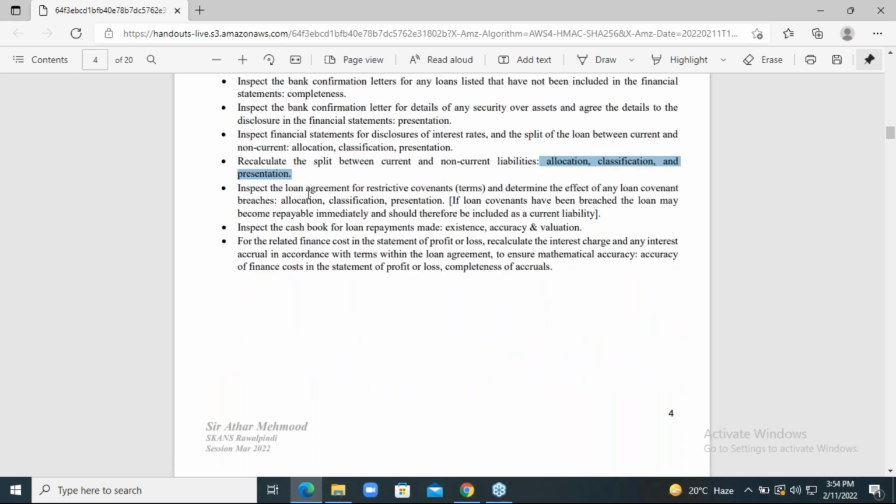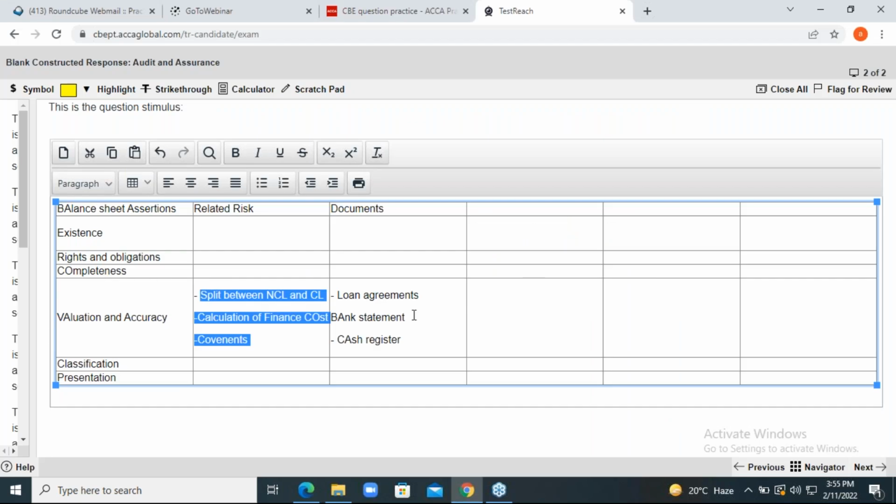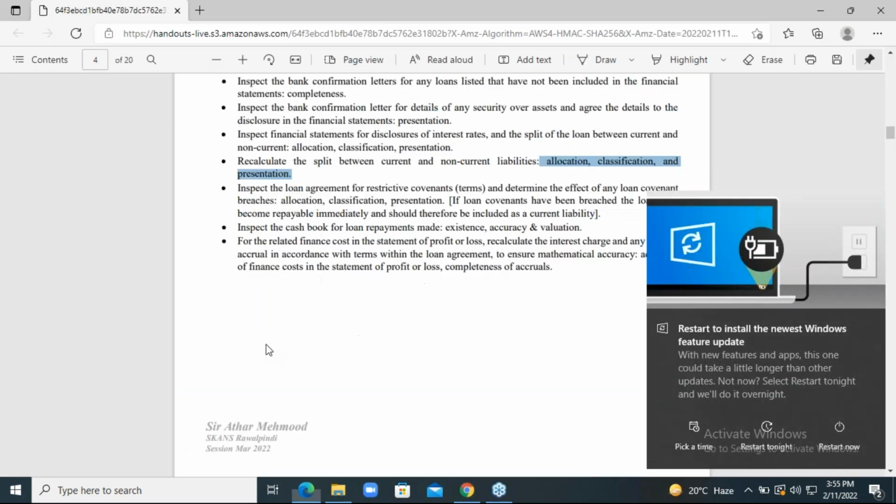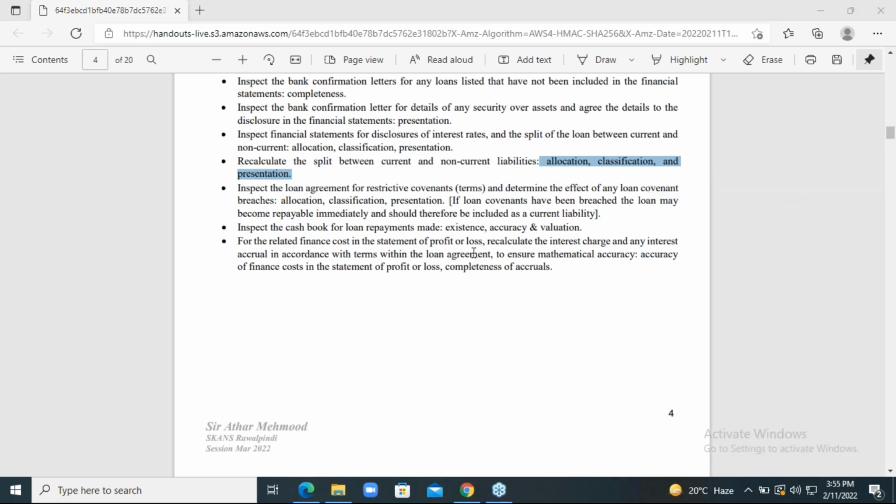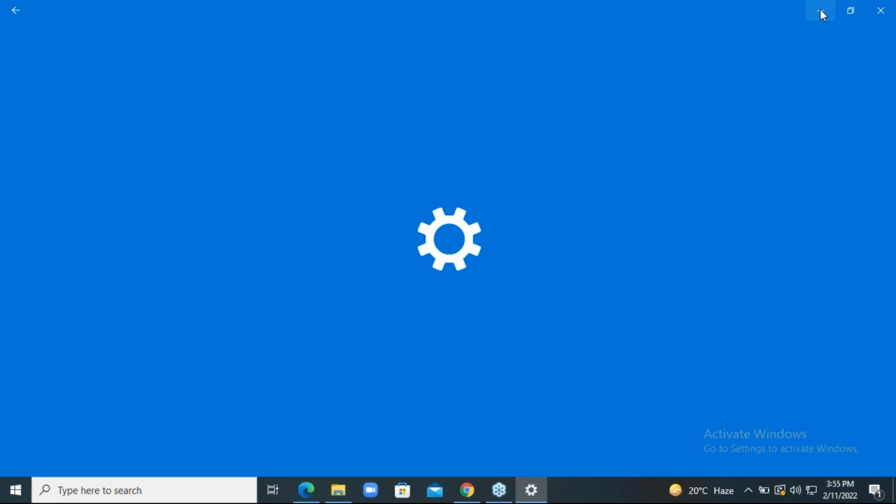Now, once again, you can see inspect the loan agreement for restrictive covenants as we discussed, and inspect the cash book for loan repayments made, and for the related finance cost, recalculate interest rate and any change in accruals. You can see all these procedures are covering basically this table. They are covering all the assertions. They are focusing on the split between current and non-current, and on covenants.